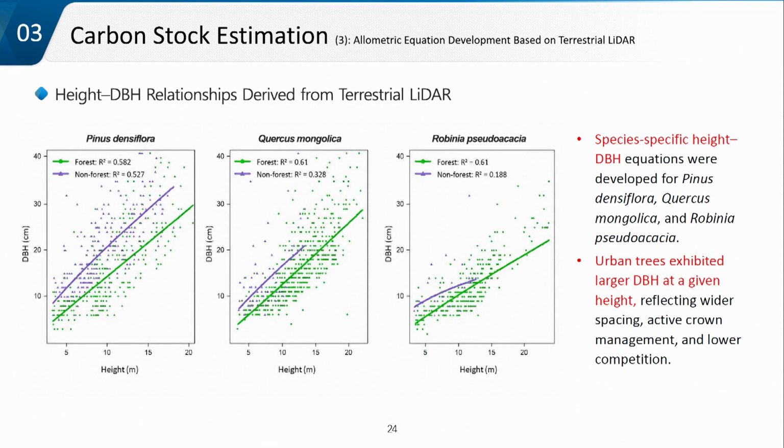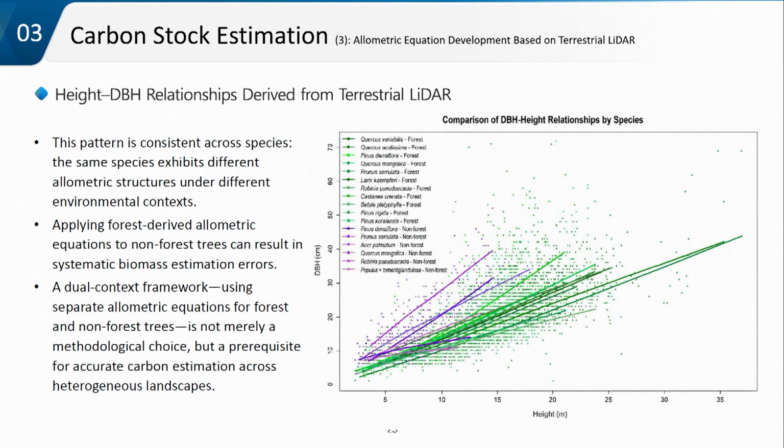The purple line, the urban trees, exhibits a larger DBH at a given height than the green line, the forest trees, meaning wider spacing, active crop management and lower competition. And the trend was quite obvious in all types of the major species.